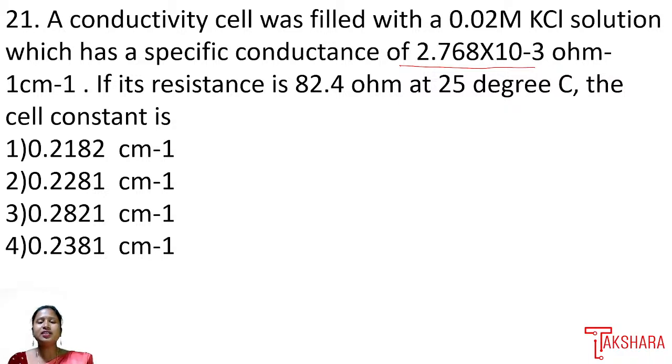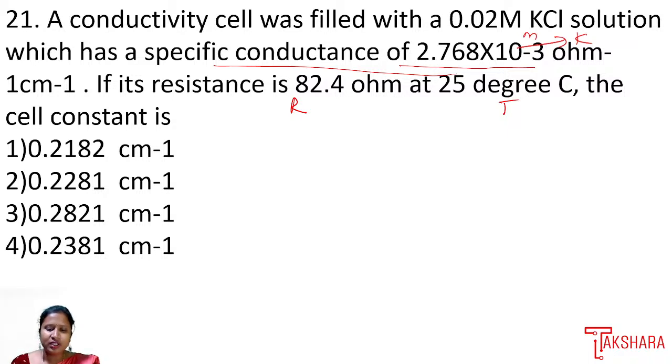If its resistance is 82.4 ohm at 25 degrees Celsius, then what is the cell constant? So the cell is filled with 0.02 molar KCl solution with K value 2.768 into 10 power minus 3. The resistance, temperature and concentration are given.